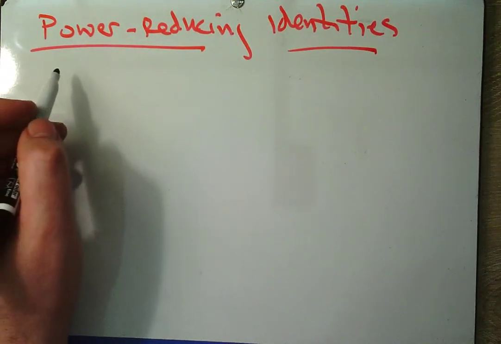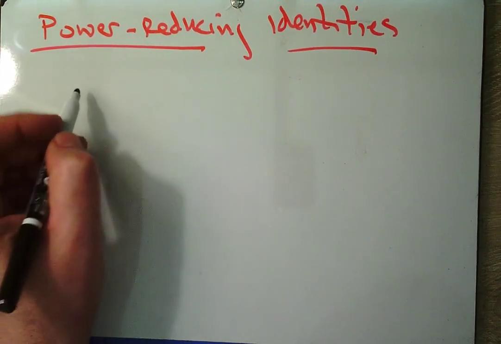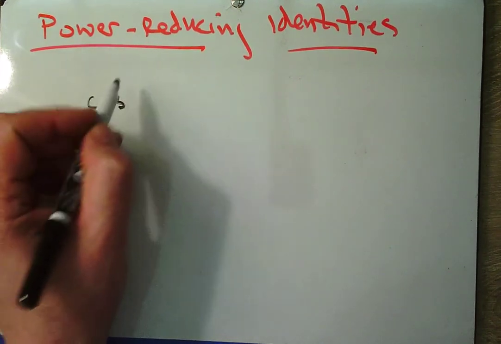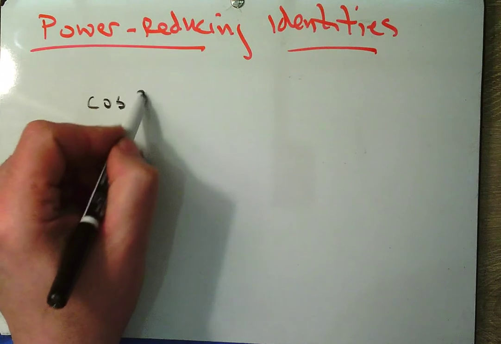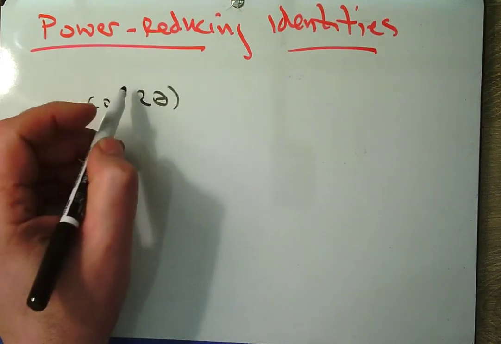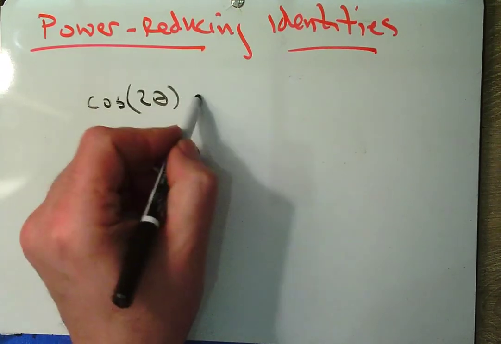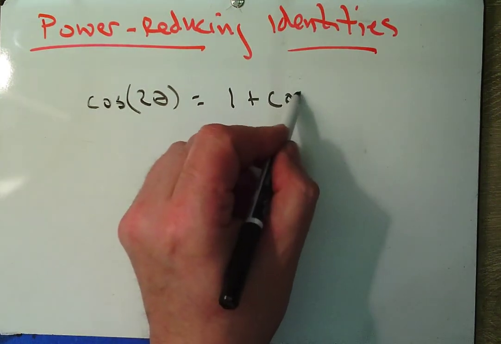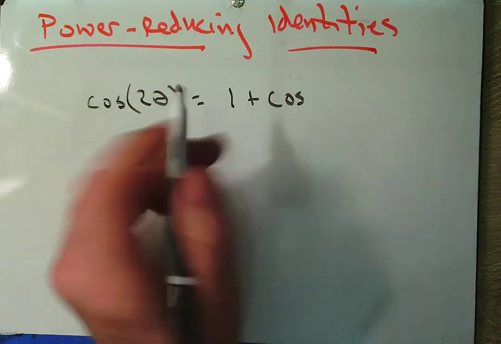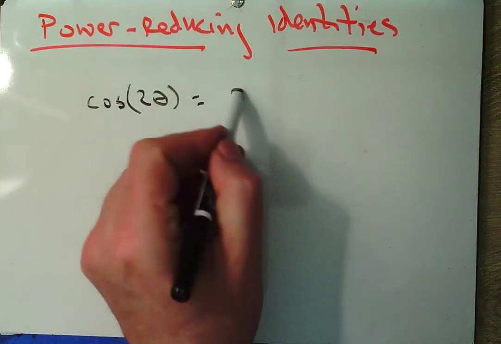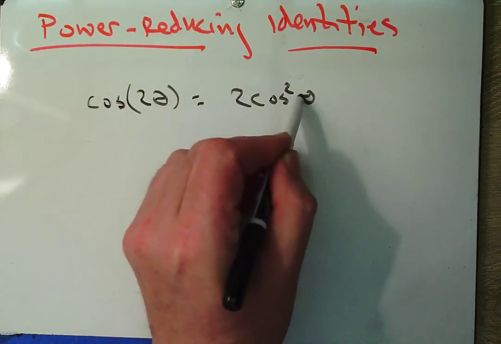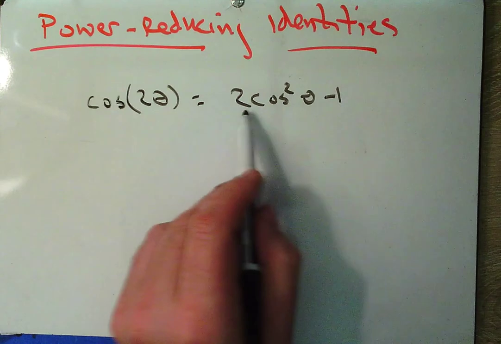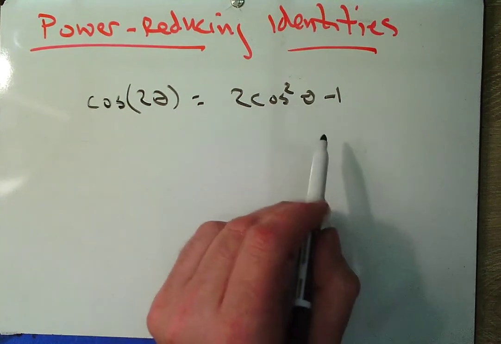So let's take the cosine double angle formula again. Cosine 2 theta equals 2 cosine squared theta minus 1. And let's solve this for cosine squared theta.